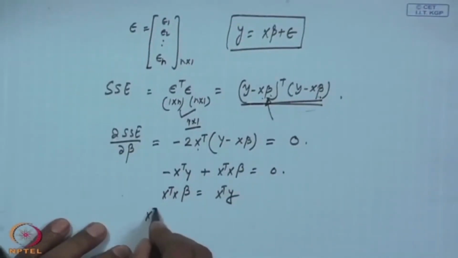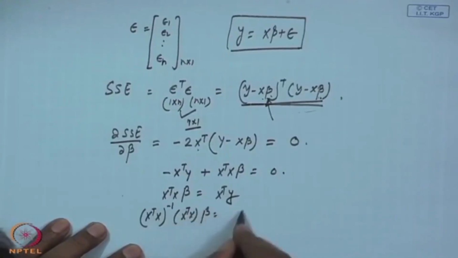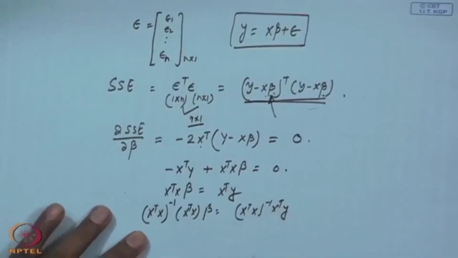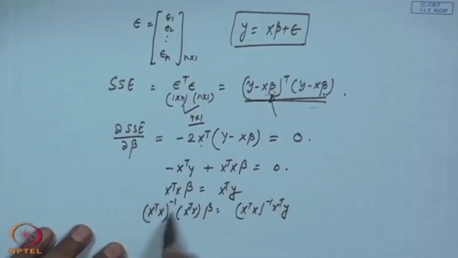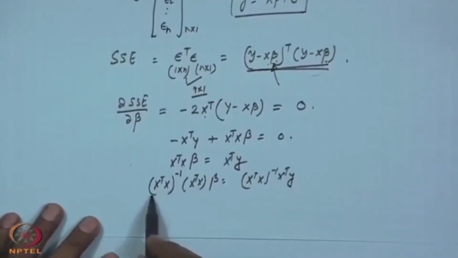If I multiply both sides by the inverse of x transpose x, then what will happen? What I have done, I multiplied both sides by x transpose x inverse. Now x transpose x inverse times x transpose x.